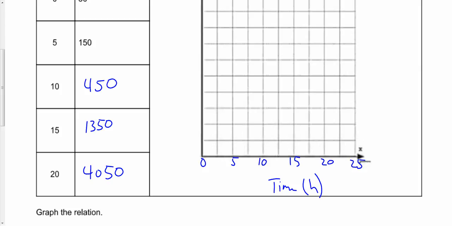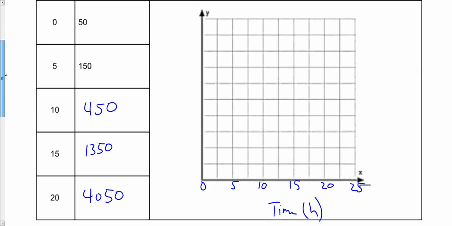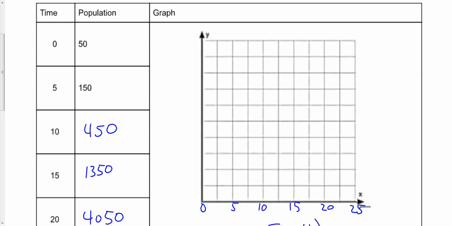Okay, and I know that I start off, I've got to get all the way up to 4,000. So if I look at how many spaces I've got: 1, 2, 3, 4, 5, 6, 7, 8, 9, 10.